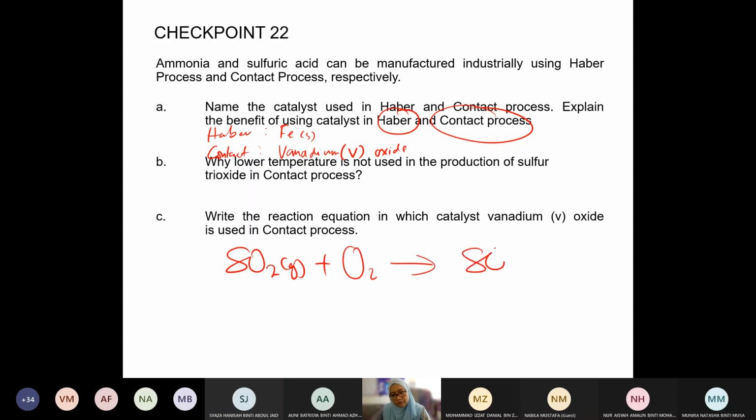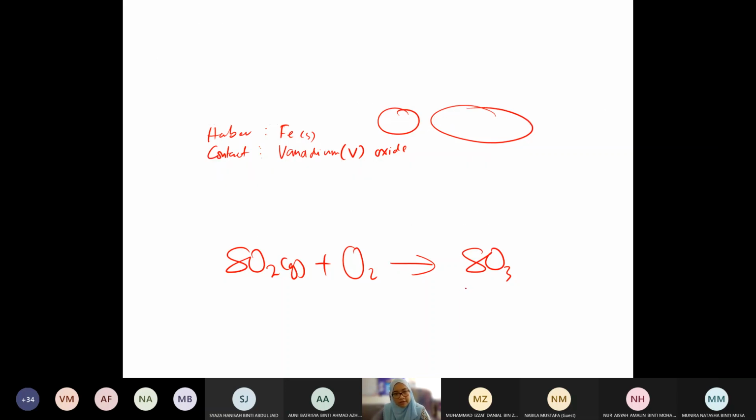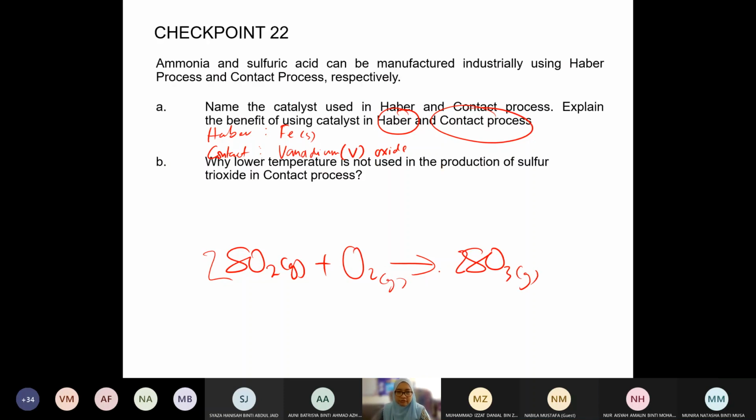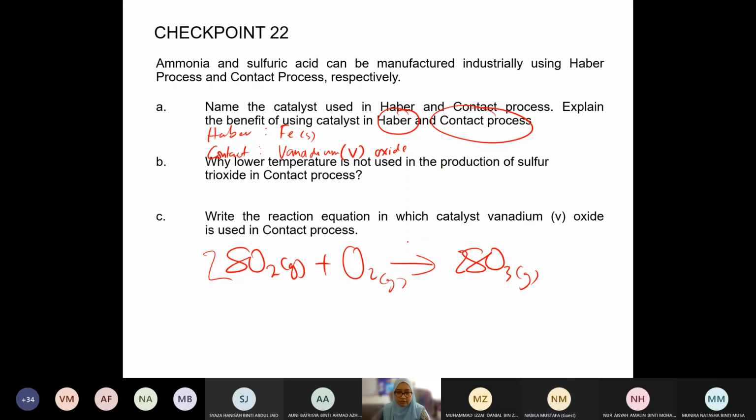Okay, right? SO3. Make sure it's balanced. You have to balance it yourself. This is gas, this is also gas. Okay, alright, so this is the reaction where catalyst is used in the contact process.